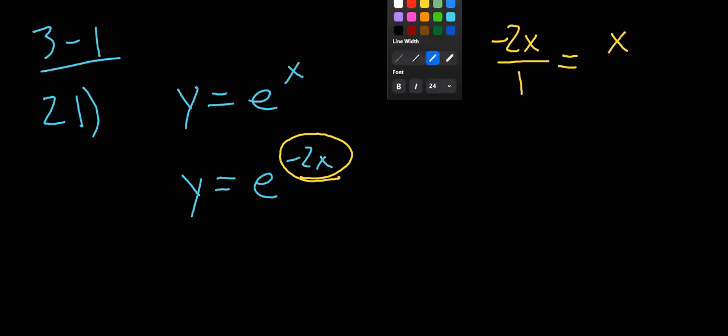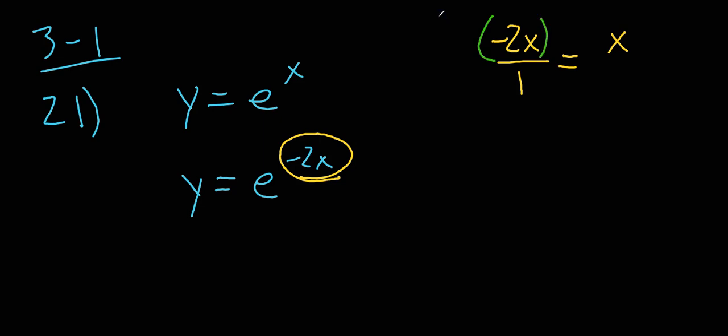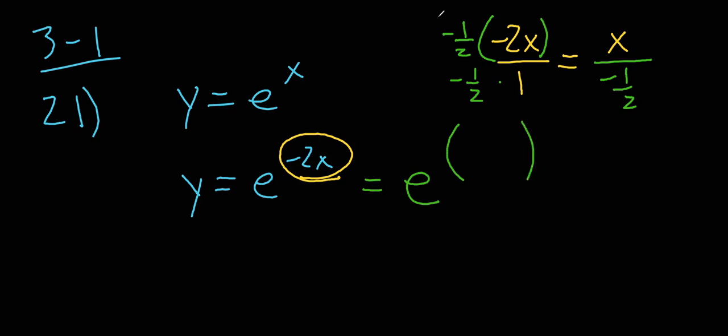What do you think we should be multiplying this by to change it from a negative 2x to a positive 1x? Negative 1/2. If we do it to the top, we better do it to the bottom. So this is the same thing as e to the x over negative 1/2.